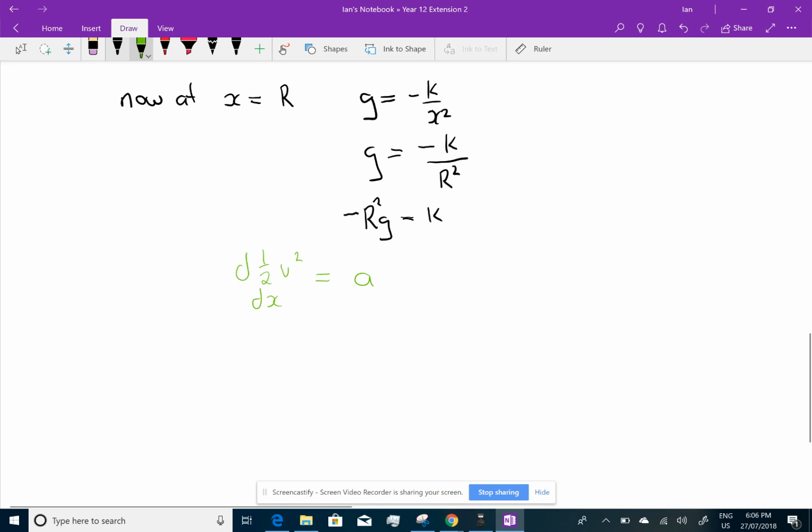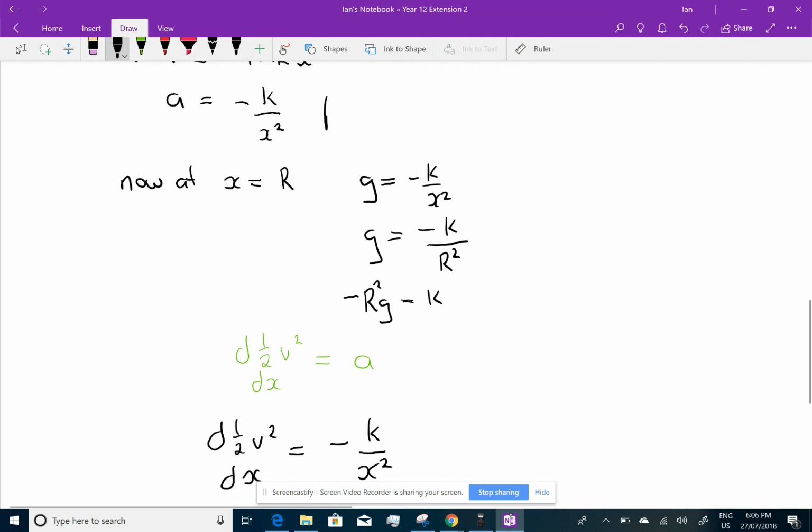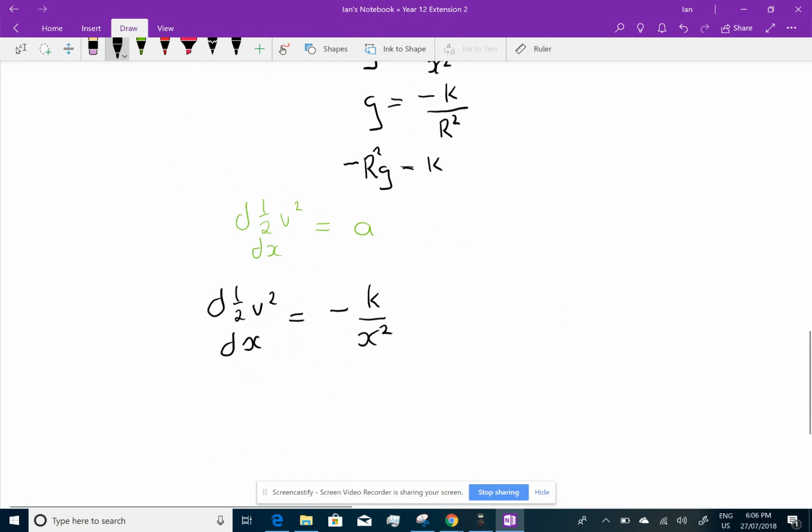So let's get back here. Our acceleration, d/dx of half v squared equals minus k on x squared. That's from our equation here.